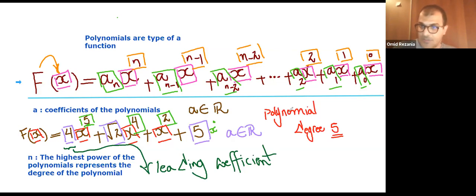And now, for the next example, I'm just going to still talk about, let's say, when n is equal to 3.